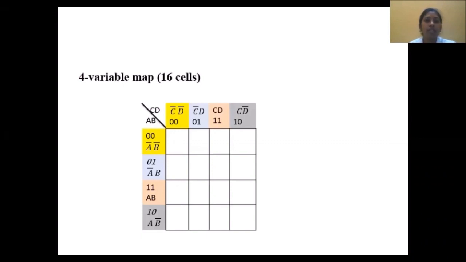Since it is a 4 variable K-map, we have 4 variables A, B, C, and D. Each variable has 2 different possibilities, so we have 16 different combinations to be represented.